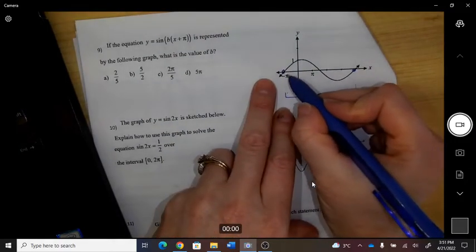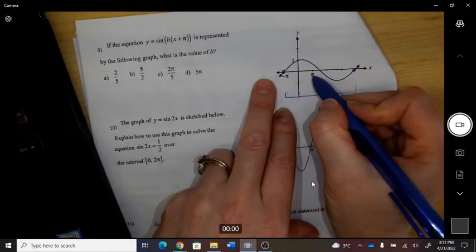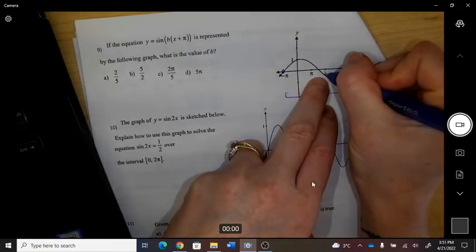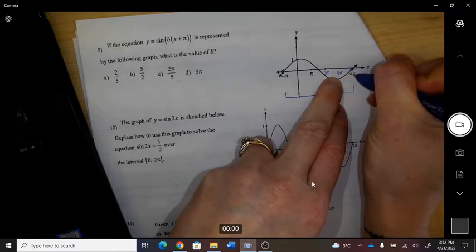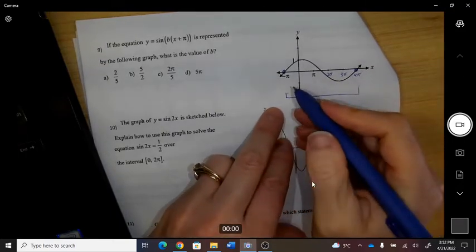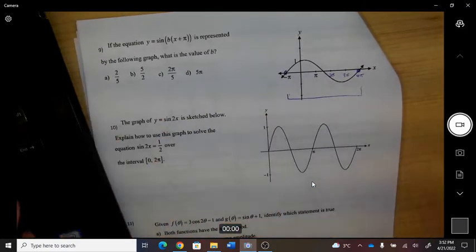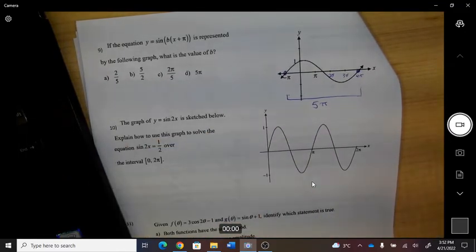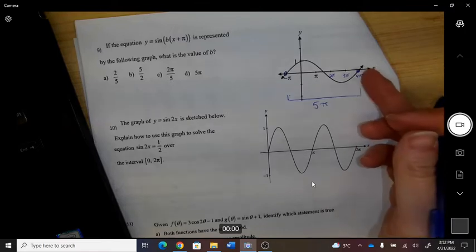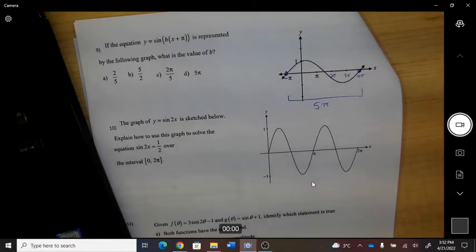So if this is negative pi, so you're jumping by a pi, so 2 pi, 3 pi, 4 pi. So from here to here, the total span is 5 pi. You see that? It's not 4 pi, that's the x value there, but that's not the distance.